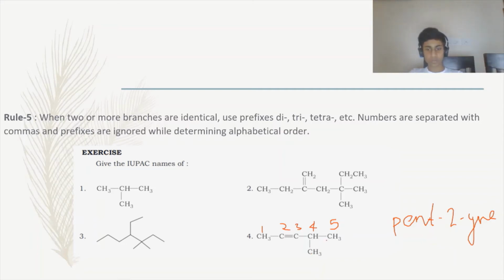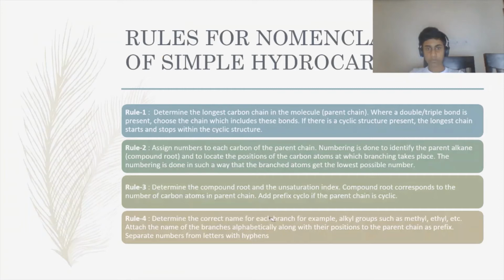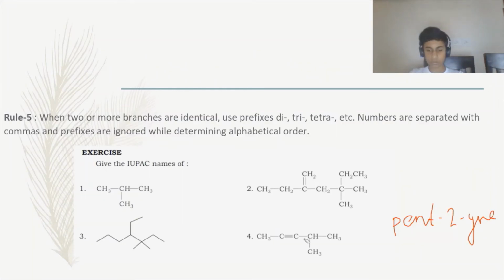So we would just write it as 4-methyl pent-2-yne. And in fact, these two are very similar except that there's no double bond, it's all single bonds.